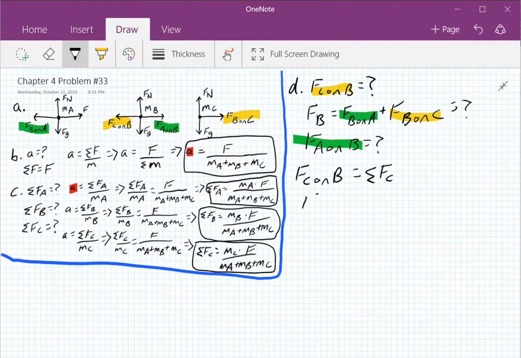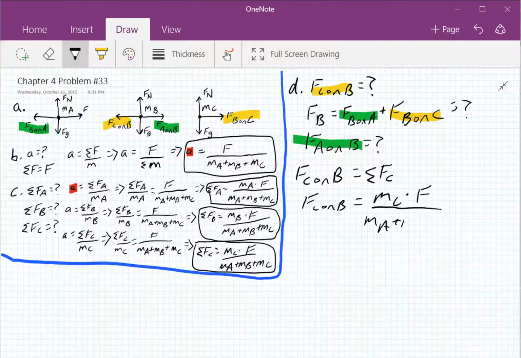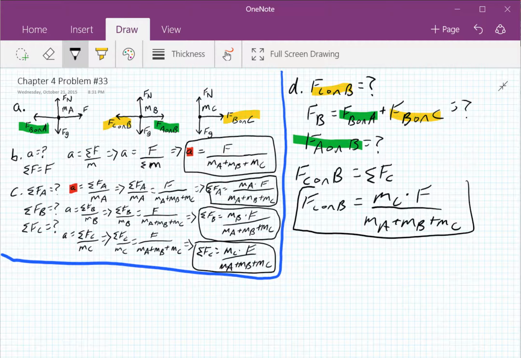So I can just write Fc on B will equal MC times F all divided by MA plus MB plus MC. So that's one right there. And then I'm skipping the B part. I'm going to go to the A part. Fa on B will equal the sum of the forces for A.